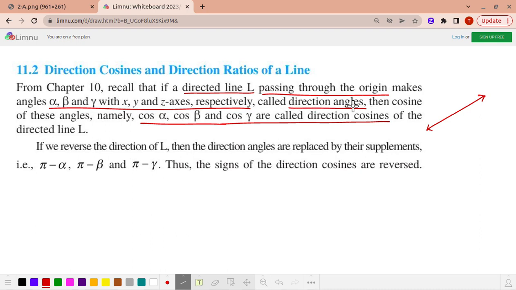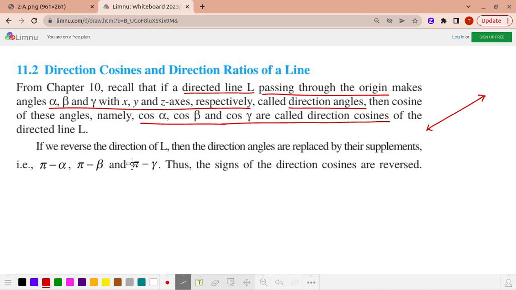You are already aware of it. Now the cosines of these angles are known as the direction cosines. In simple terms, if there is a directed line L passing through the origin that makes angles alpha, beta, gamma with the x, y and z axis respectively, then cos alpha, cos beta, cos gamma are the direction cosines of that directed line L.